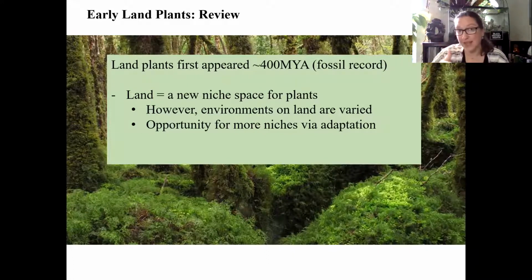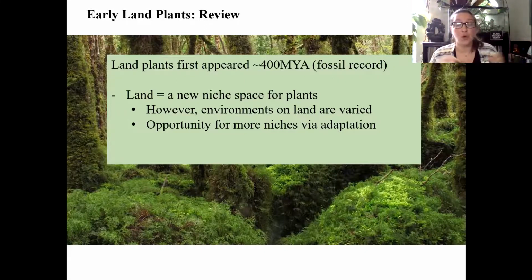But like I said, living on land is way different than living in the ocean. And not only that, land isn't all the same, right? You have tropical land, you have desert land, you have Arctic land, you have mountainous land, temperate forest land. No forests yet, right? When plants first arrive, no forests yet. So all these different environments are on land.